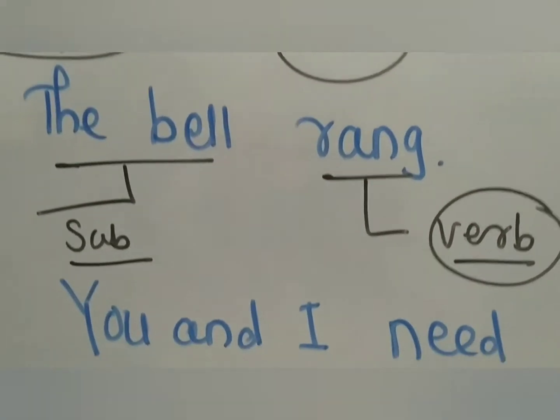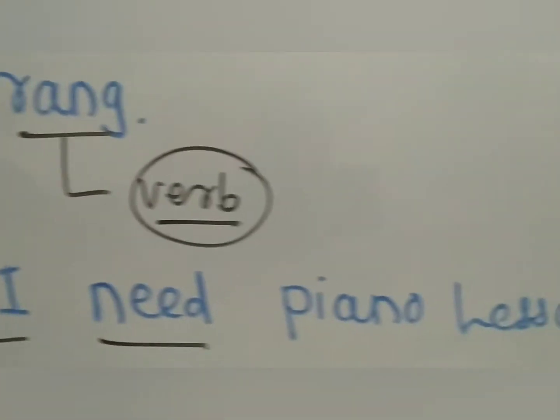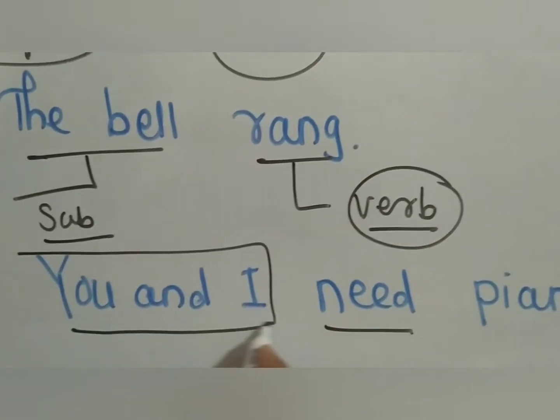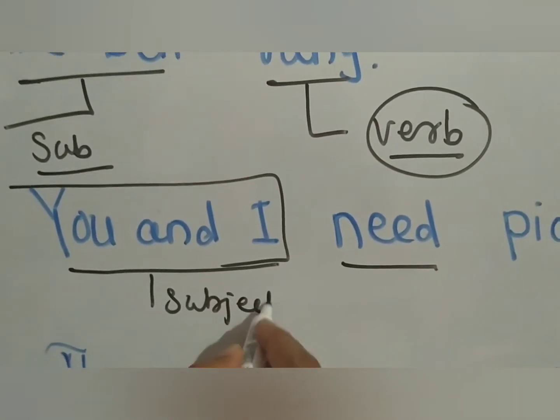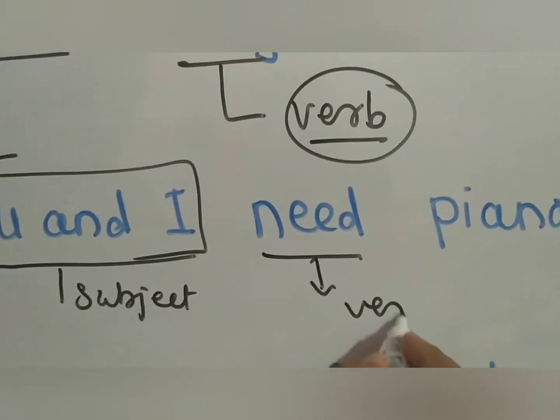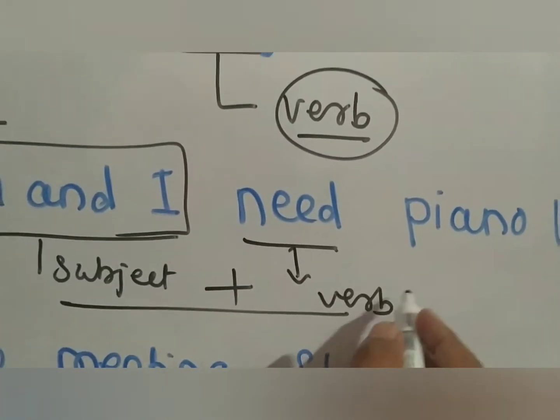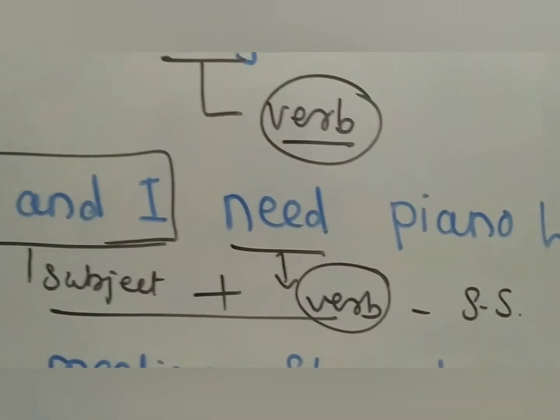Now second, you and me need piano lesson. Now dear friends, you and me is the subject, need is the verb in this sentence. That's why subject plus verb is called a simple sentence.